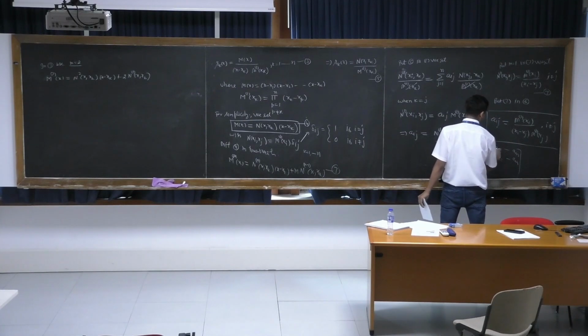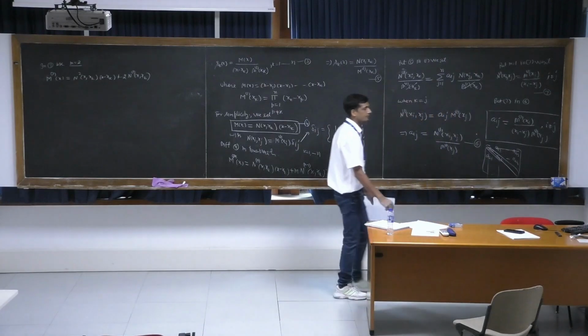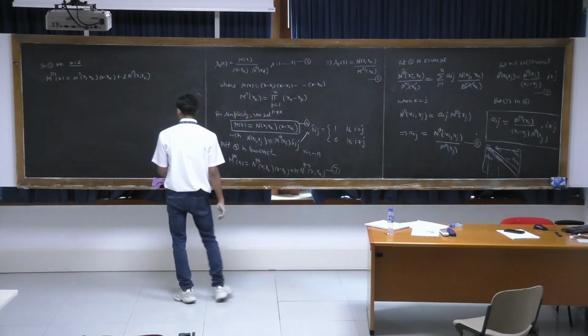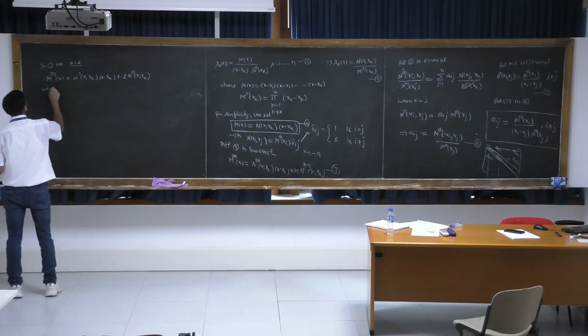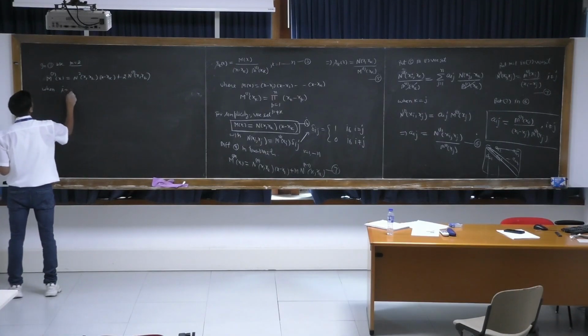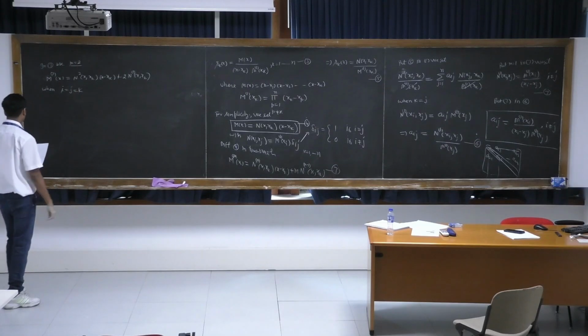We have these weights, but we have to compute the diagonal weights. So when I put this here, with i equal to j equal to k, what will we get?